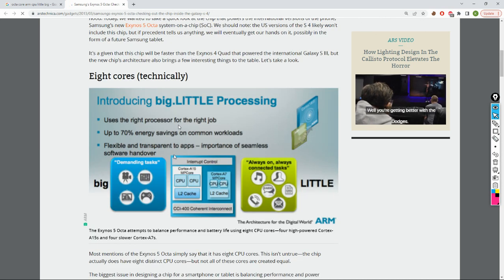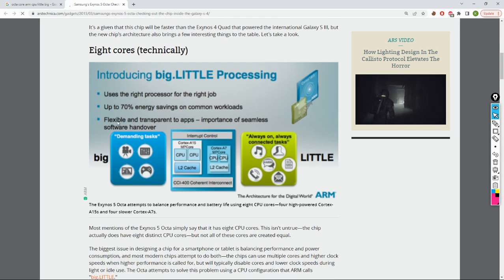Okay, so what is this meaning? See here, introducing big little architecture uses the right processor for the right job. It gives up to 70% energy savings on common workloads. It is flexible and transparent to apps, with the importance of seamless software handover.